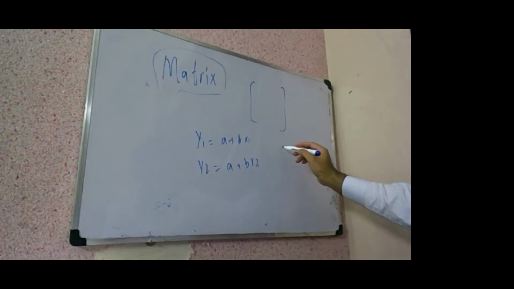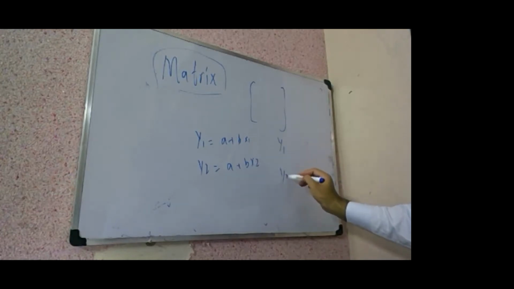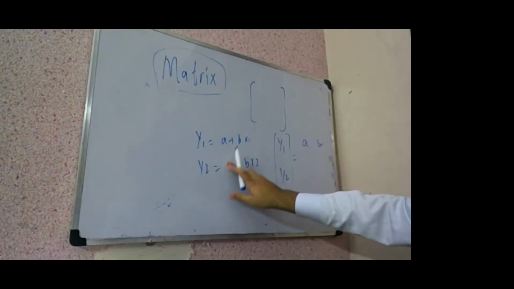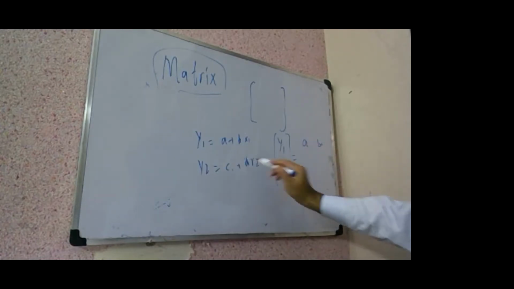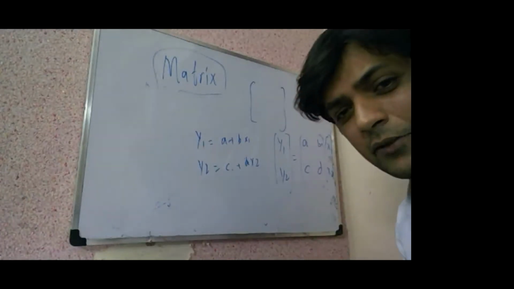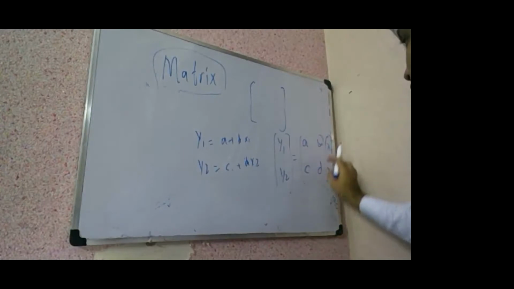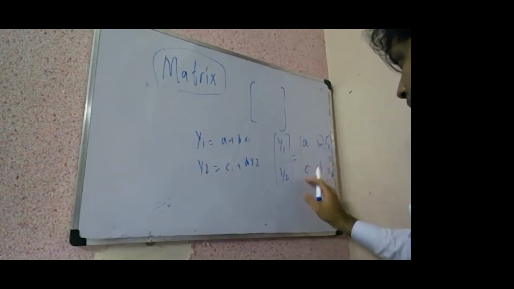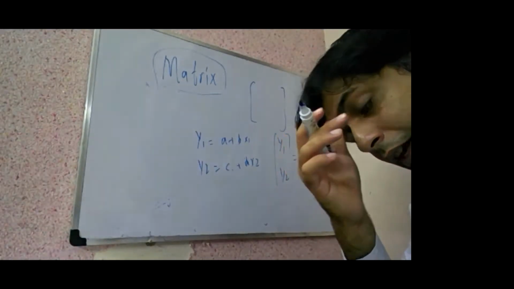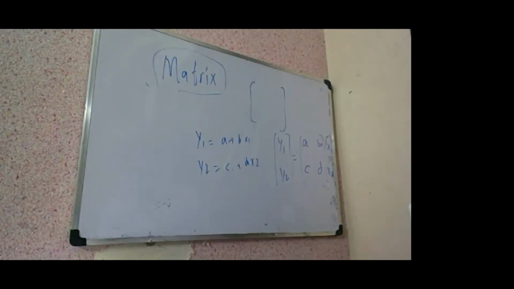So I can write this as y1, y2 equal to a, b, and let's say c, d, and this is x1, x2. With this, by using matrix, we can also calculate x1 and x2, y1 and y2, and a, b, c, d. How? For that, we need to know different rules, different properties of matrix, right? That's what we're going to do right now.